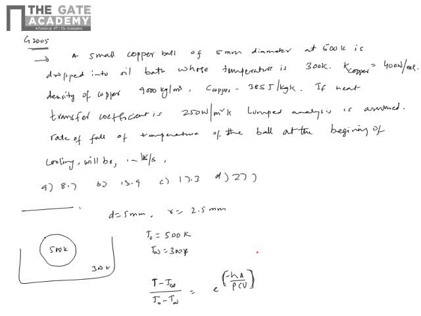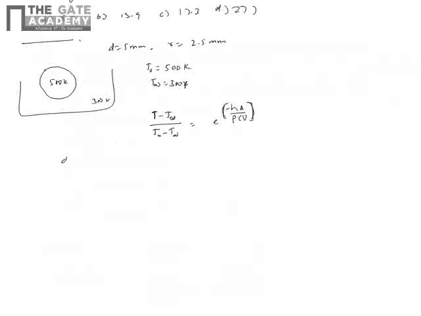Now what we want is the rate of fall of the temperature of the ball at the beginning. So basically we want dT by dt. So from this, at any point of time, this is t, small t will be coming, I have not written. So minus hA by rho CV is what I'll get.